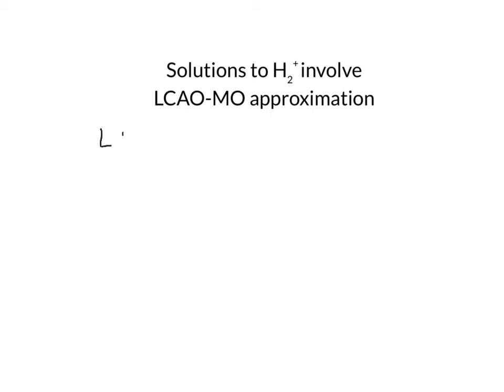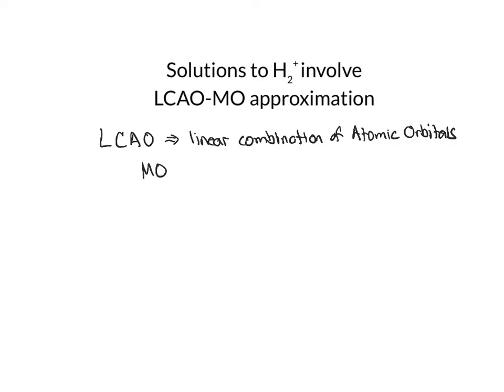So LCAO stands for linear combination of atomic orbitals, and MO stands for molecular orbitals. So we are going to construct our molecular orbitals, our wave functions for the molecule, in terms of linear combinations of the atomic orbitals for the atoms that make up that molecule.